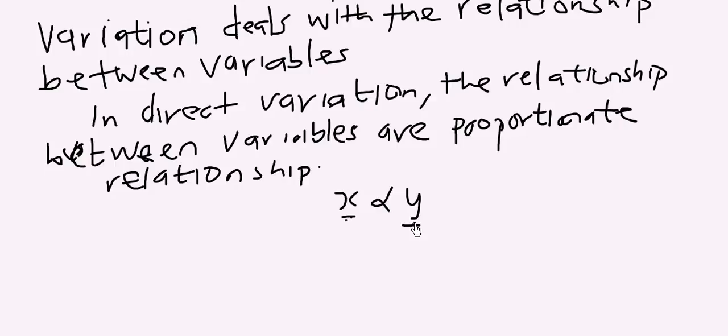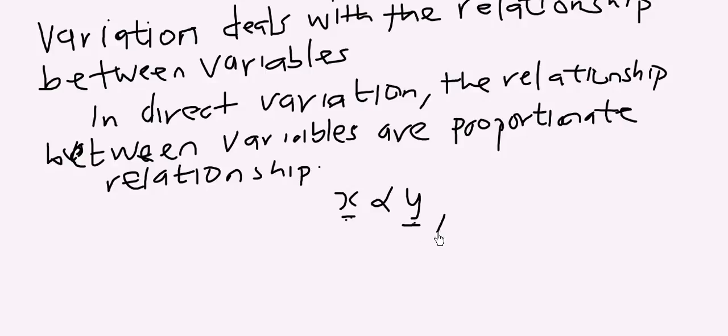We also see a case where, for instance, demand decreases as price also does what? Increases. So in that case, there's a relationship. For direct variation, basically, we're saying that if x increases, y increases. If x decreases, y decreases. So there is a proportionate relationship between the two variables. So this is how to represent direct variation.